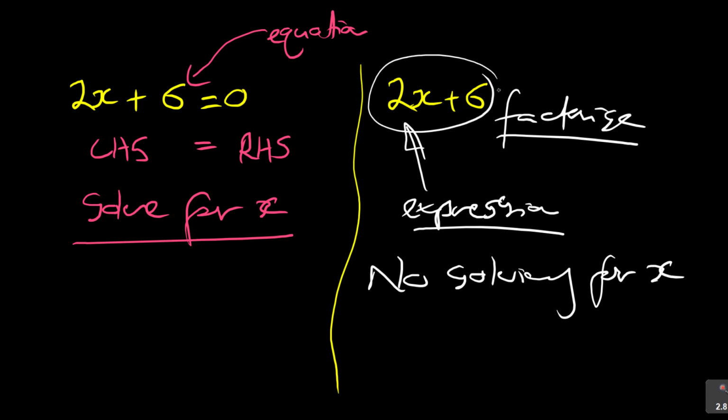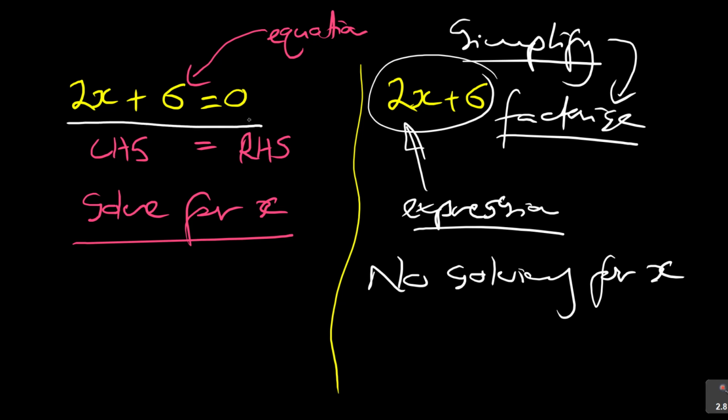You can only factorize. In the questions, they will say simplify, meaning factorize. It's an expression, guys. You cannot solve for x. There is no left hand side, no right hand side, because it's just an expression. Then this one becomes an equation where you solve for x.